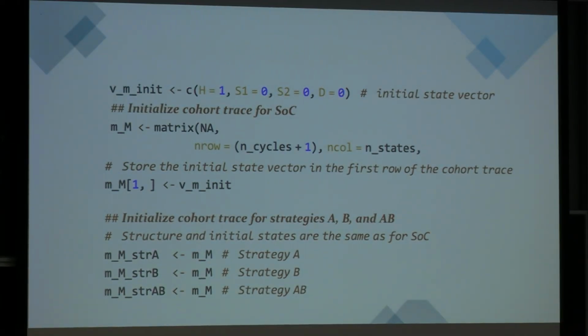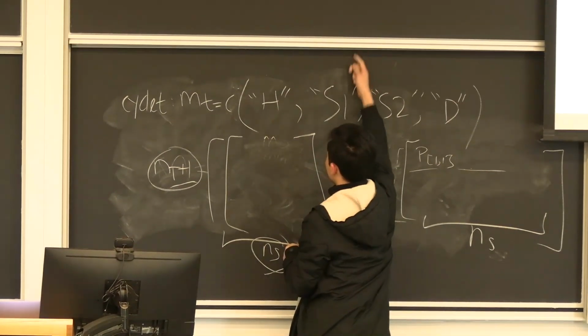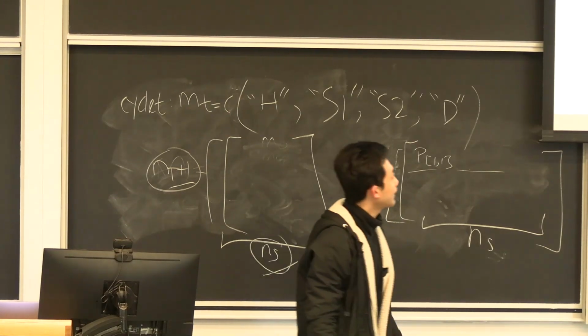We want to initialize the vector, so in this model we are assuming that all 1,000 individuals start healthy. So the probability is 1 for healthy, and the others are 0. And we initialize the big matrix M here.